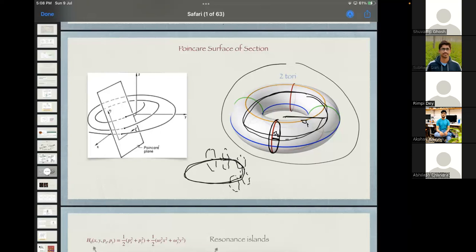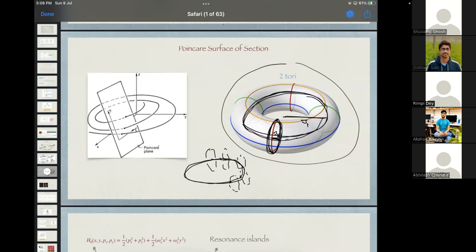For a different energy, the torus will be smaller or bigger depending upon the values of J1 and J2, because J1 and J2 are just the radii of these circles. θ1 varies from 0 to 2 pi like this, and θ2 varies from 0 to 2 pi like this. You can imagine that, right?